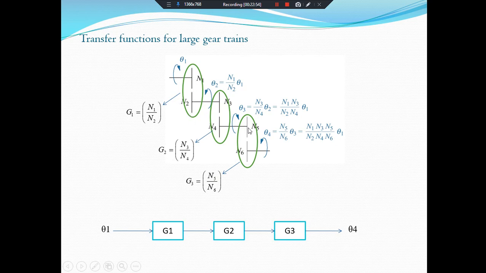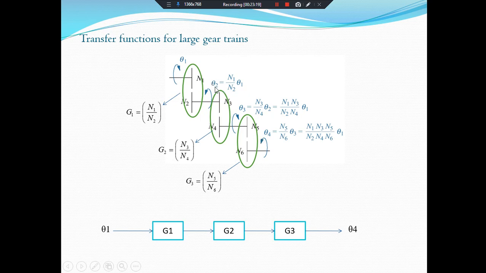Now what will be the effect of theta 1 on theta 3, the output angular displacement? Here it's theta 1, theta 2, theta 3 and theta 4. Look at the directions: it's clockwise, anti-clockwise, again clockwise, and again anti-clockwise.